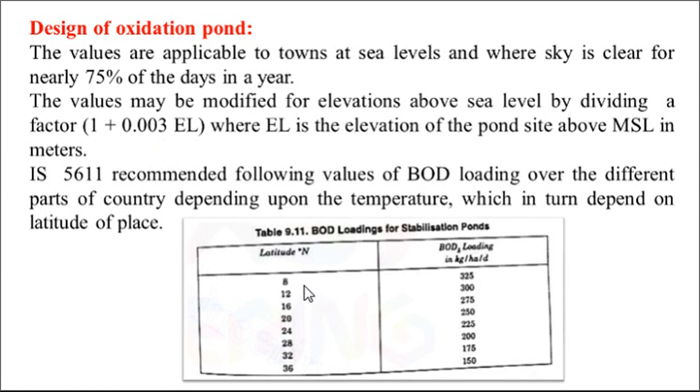When the latitude is n degree north, the BOD loading will be 325 kg per hectare per day, and as latitude increases, the BOD loading values go on decreasing, because due to the latitude there is a variation in temperature and a variation in oxygen. That's why the BOD loading goes on reducing. Next slide.